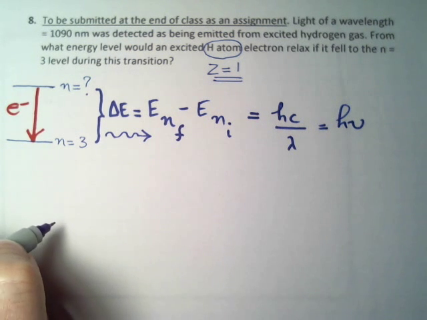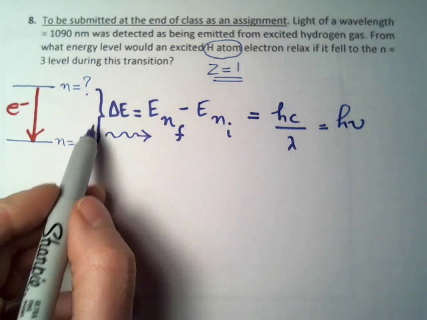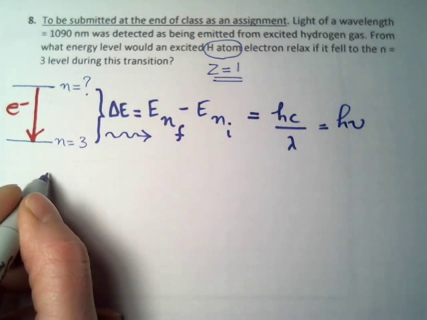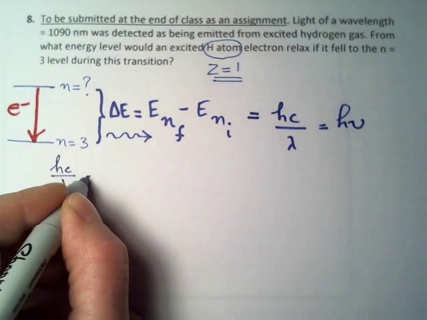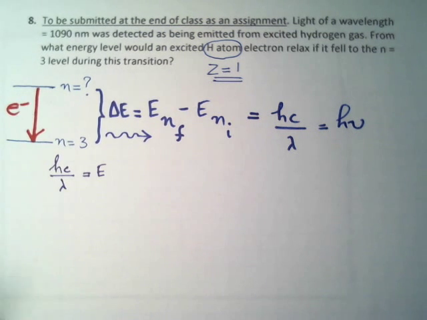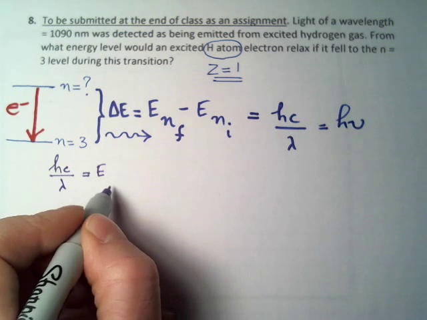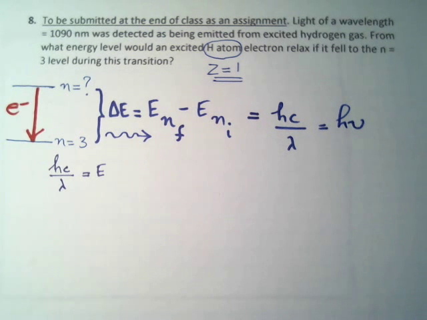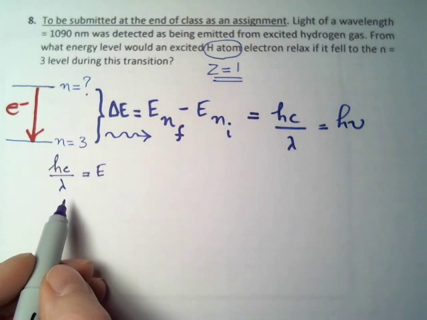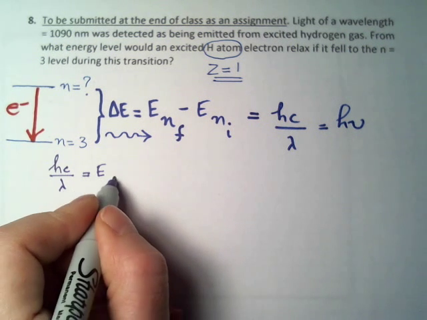The first thing I'm going to do is figure out what this energy is. So hc over lambda is equal to energy, which is equal to the energy difference between these two values. Let's calculate it.